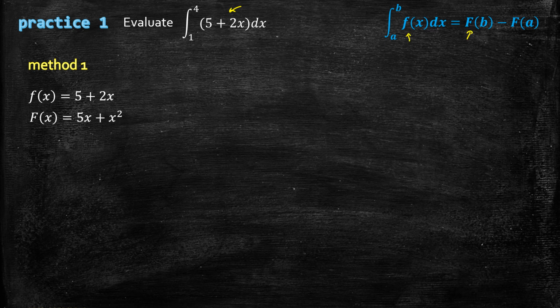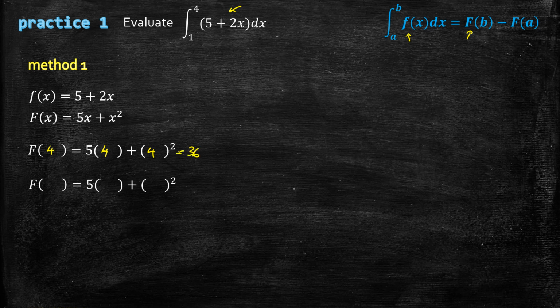So let's find the antiderivative of 5 plus 2x, which is 5x plus x squared. Then we need to evaluate F at the upper limit of 4 and at the lower limit of 1. This is a systematic, nice way to go about it. If we plug 4 into uppercase F of x, we get 20 plus 16, which is 36.